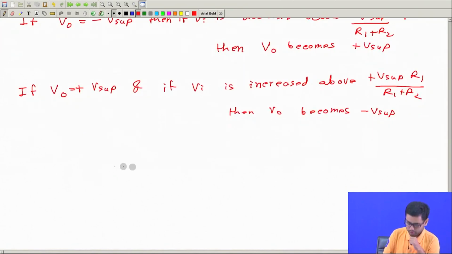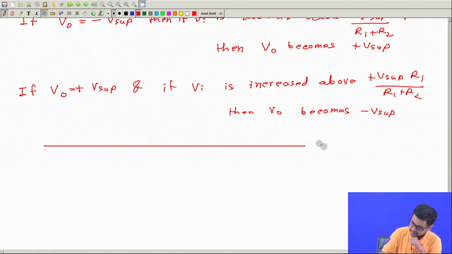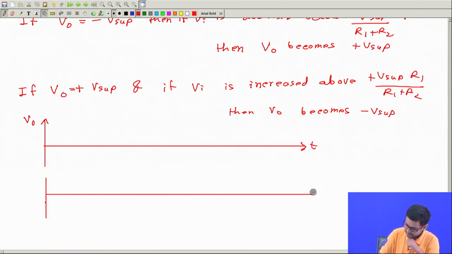Okay. So suppose let me draw some timing diagram like this. This is time versus VO, and this is time versus Vi. Now let's assume that VO is initially plus V supply.